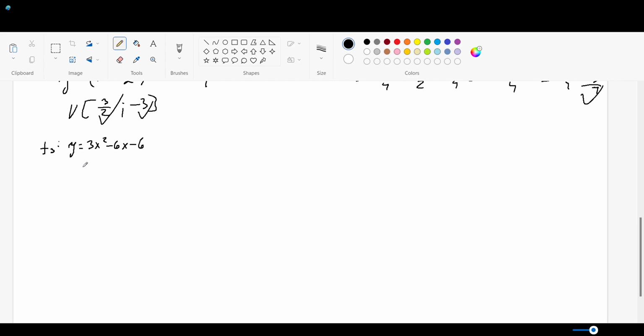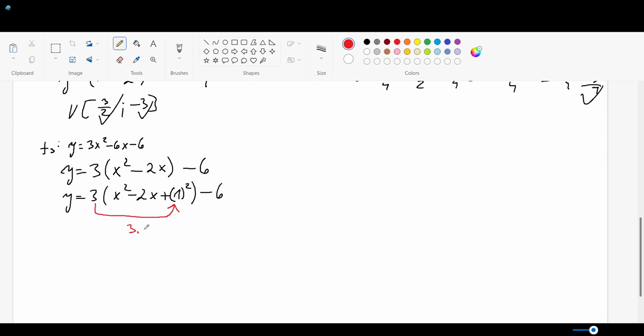As you already know from my previous video, the first step is to take 3 out of the brackets, which is then going to be 3 times x squared minus 2x minus 6. We now want to complete this square, so this is going to be 3 times x squared minus 2x. Half of 2 is 1. I will write it like 1 squared. Now minus 6, and now you have to realize that you added 3 times 1 squared, which is equal to 3.